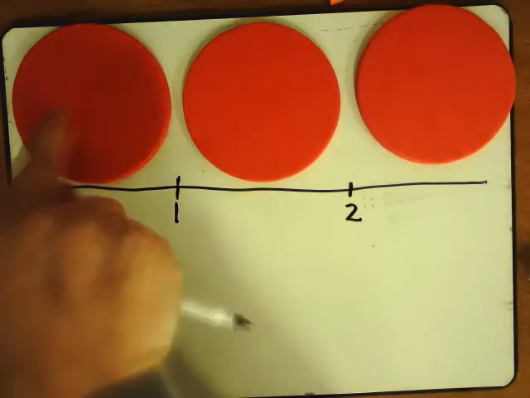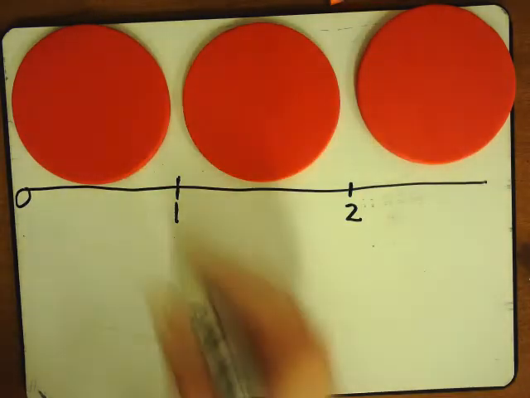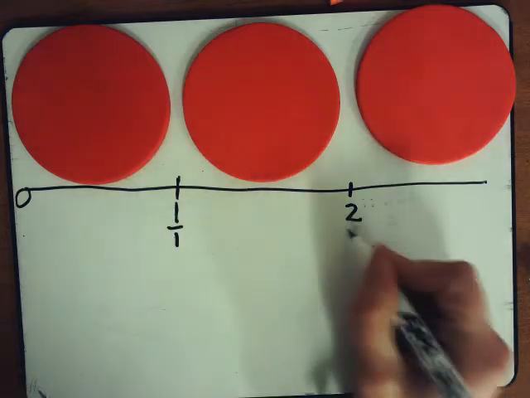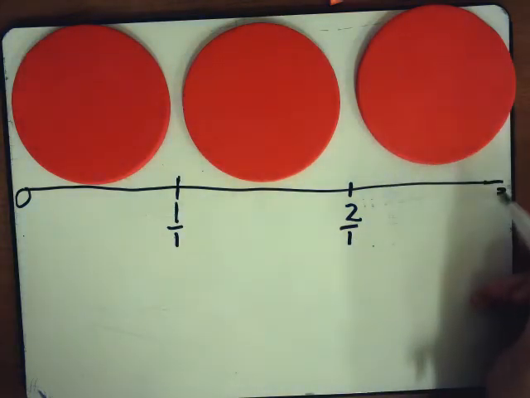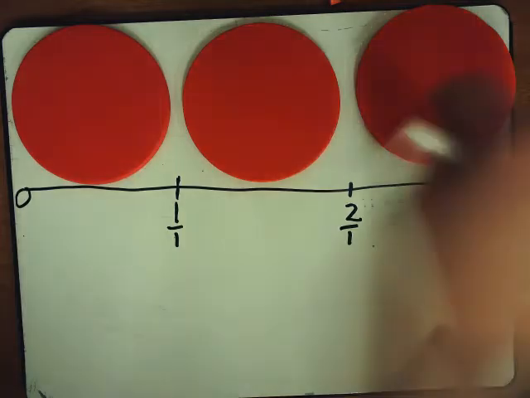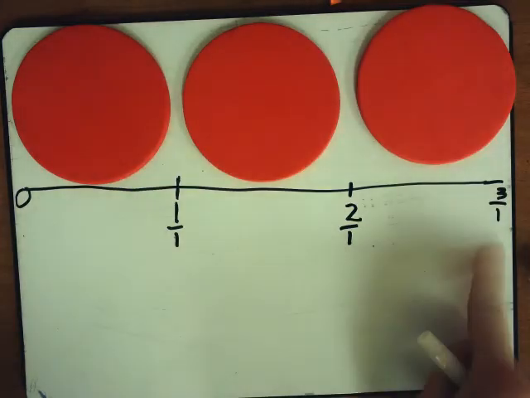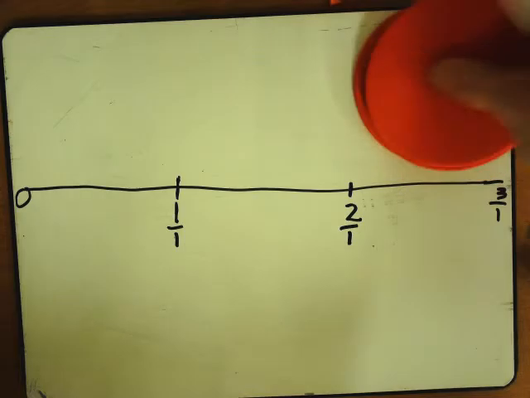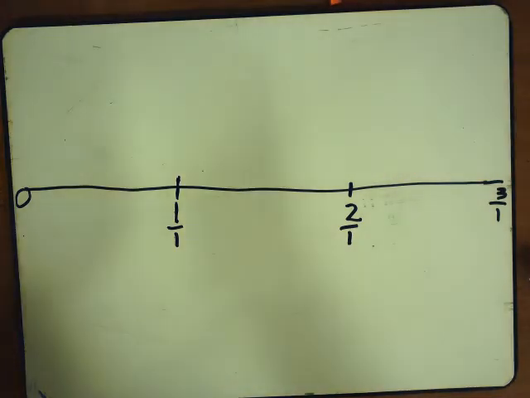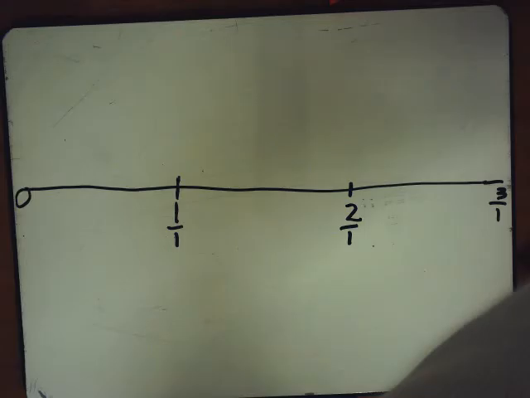Right? In this case, each of my wholes is broken into 1 piece. So my denominator is 1. And that's where that third whole has ended. So each whole is broken into just 1 piece, right? But I could do that same thing when I broke my whole.